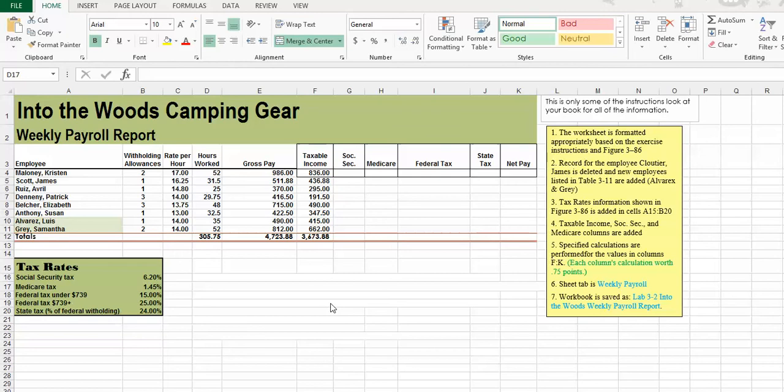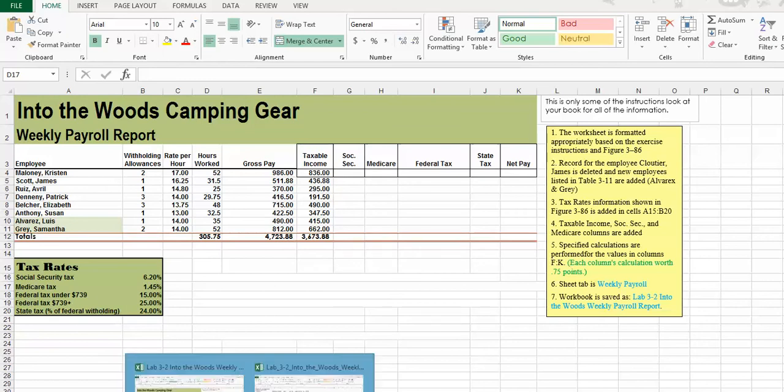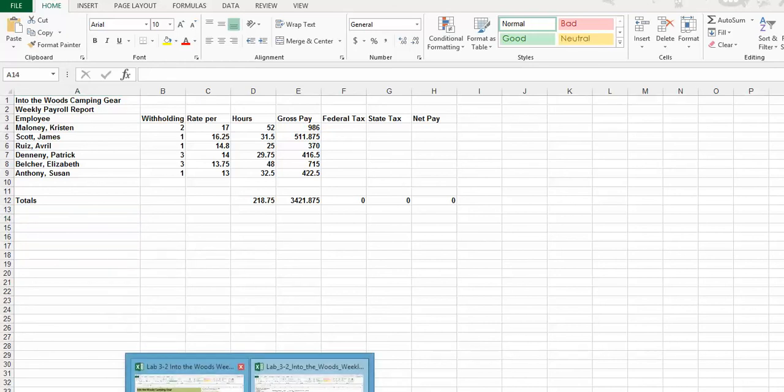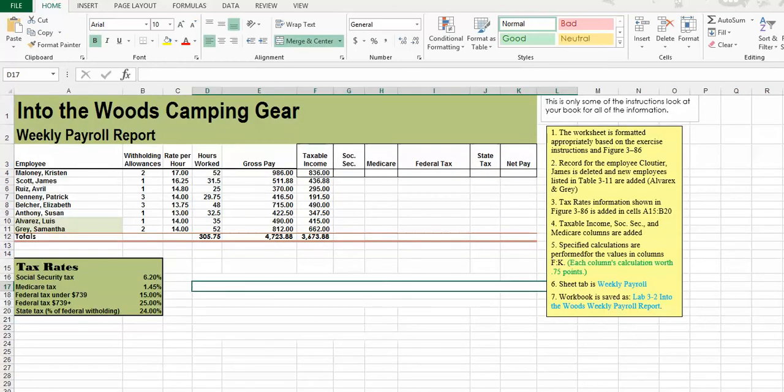And for instance, after you get all the formatting of the titles and the boxes looking alike, because you're going to go from what looks like this to what looks like this. Okay, but if you look on number 7, it says insert columns to the right of the gross pay. So the right of the gross pay, and I left those up.